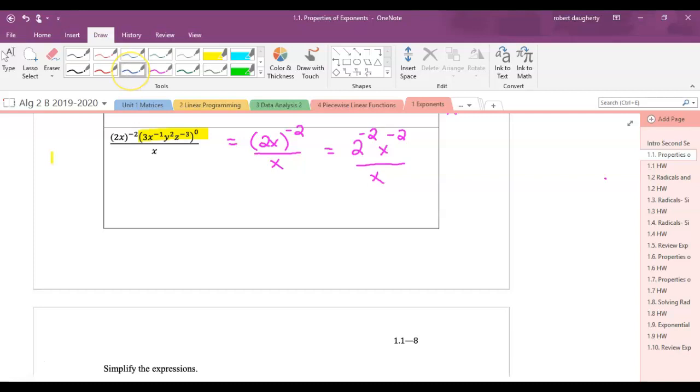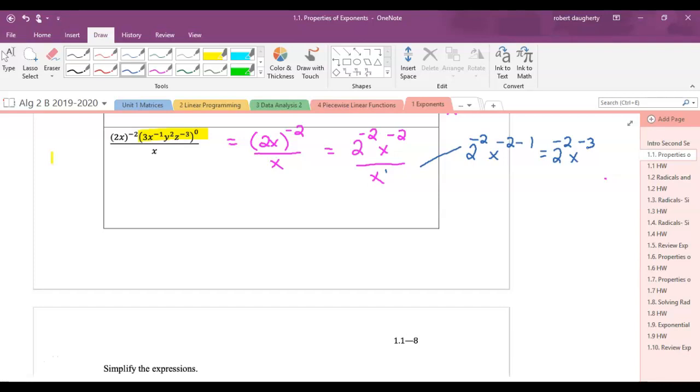I can say this is going to be 2 to the negative 2, x to the negative 2 minus 1. I can subtract the exponents because this is x to the 1, okay? That's one way of doing it, and this gives me 2 to the negative 2, x to the negative 3, since negative 2 minus 1 is negative 3.